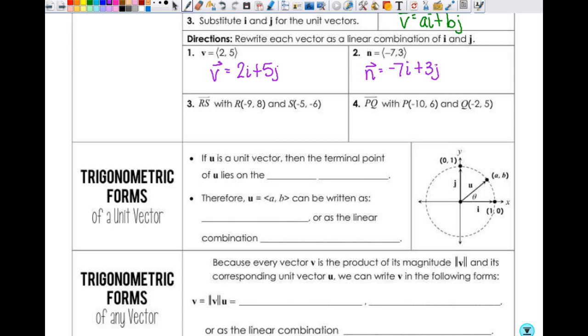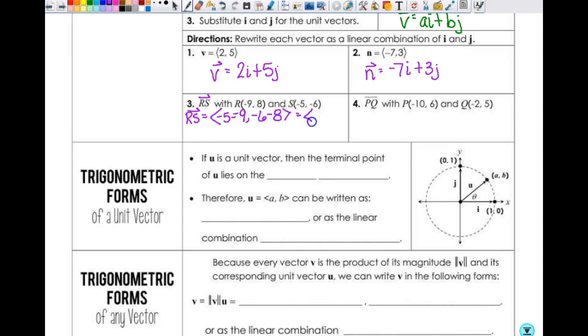In order to be able to do these next ones, though, we have to come up with that component form first. So this vector rs, so rs is going to equal, I have to do negative 5 minus a negative 9, negative 6 minus 8.